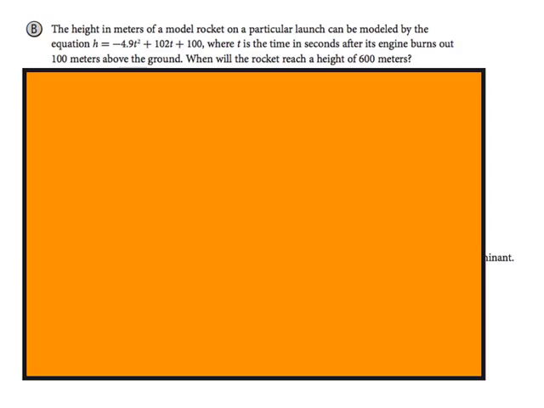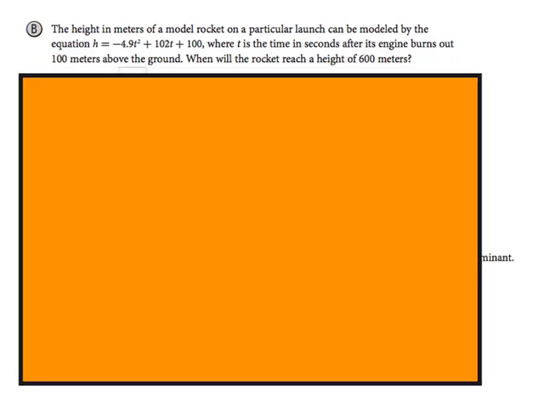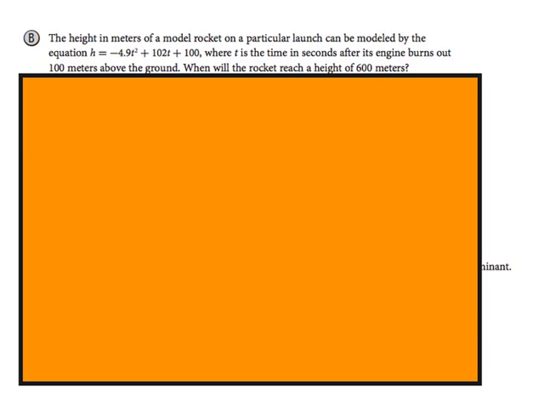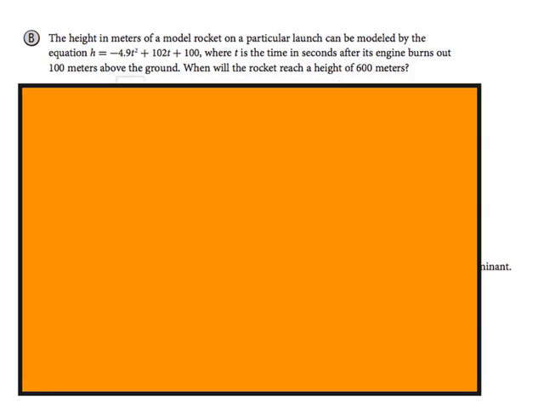Right, so this is another example. So let me fix this. The height in meters of a model rocket on a particular launch can be modeled by the equation h equal to negative 4.9 t squared plus 102t plus 100, where t is the time in seconds after its engine burns out 100 meters above the ground.